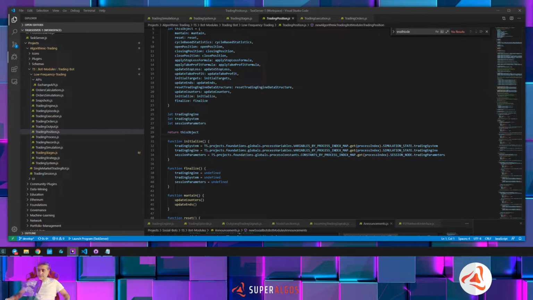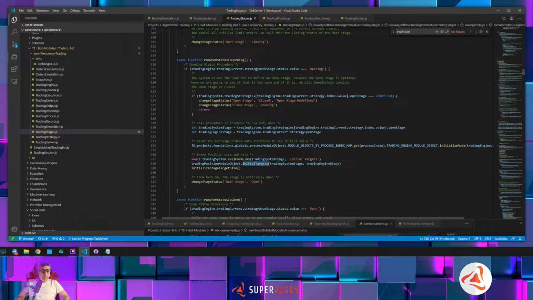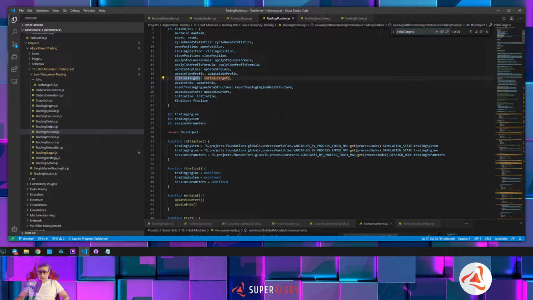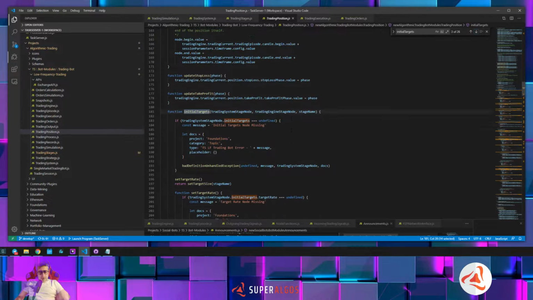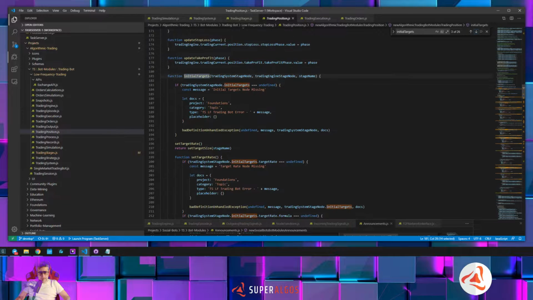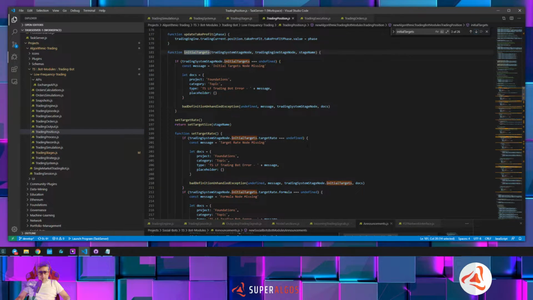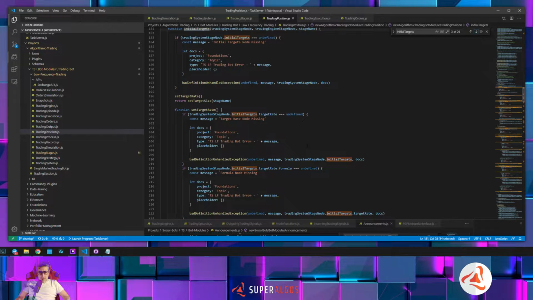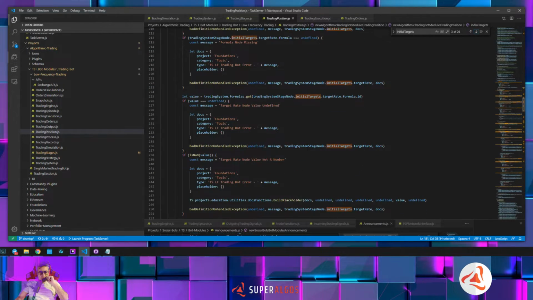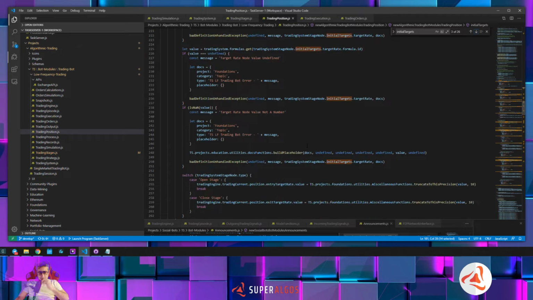Okay, I'm back. So we are executing from here this function, initial targets, trying to see what is going on inside.